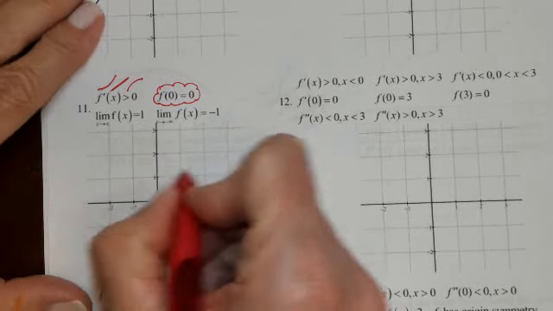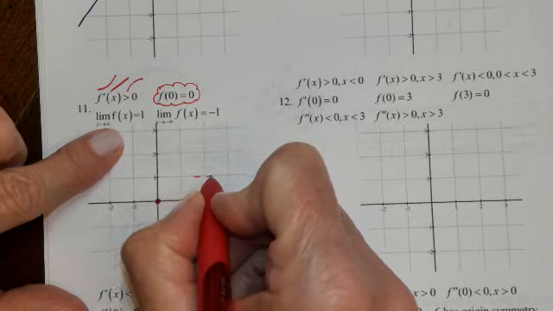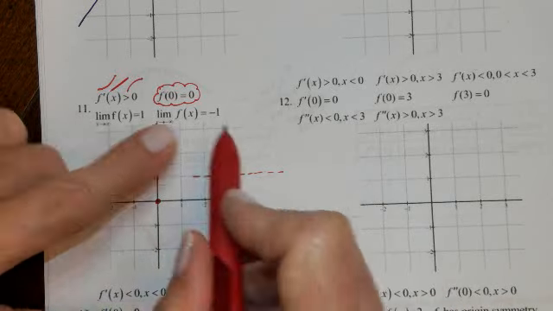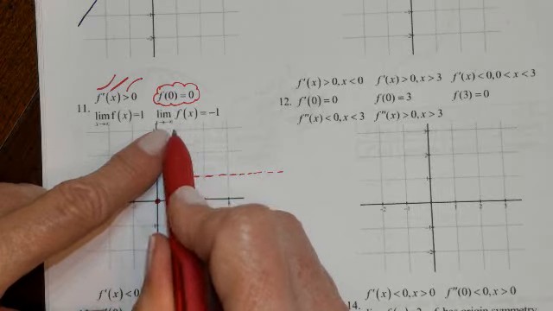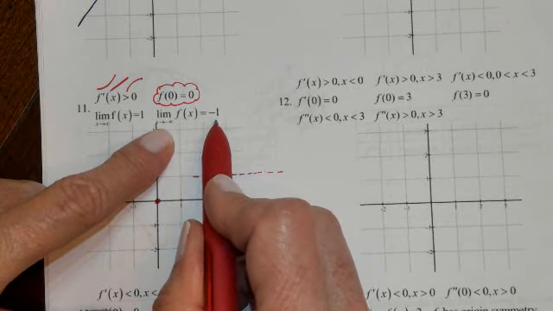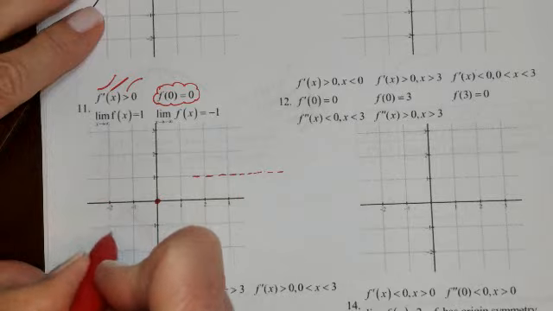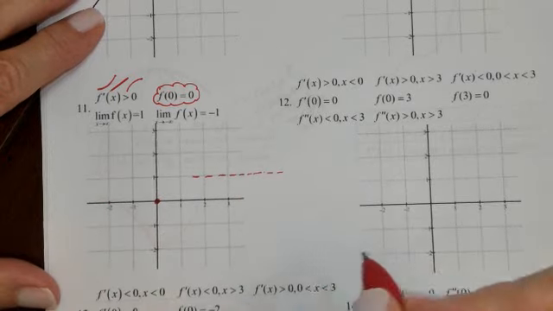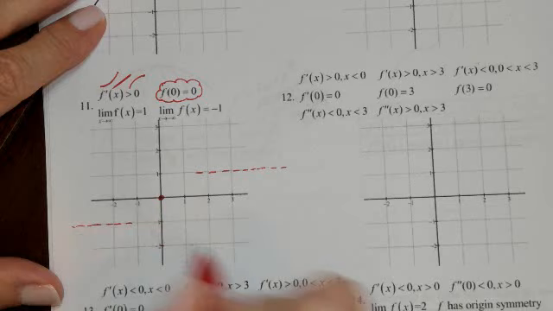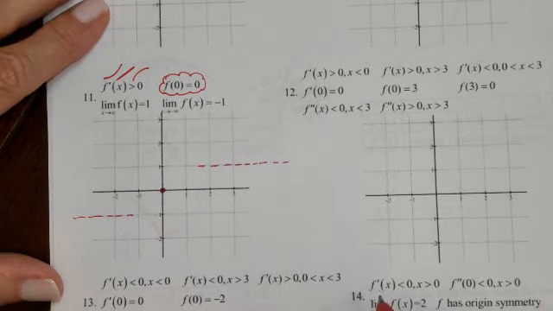So as x goes to infinity, we have a horizontal asymptote. And then they tell me that as x goes to negative infinity, we have another horizontal asymptote at x equals negative 1. I keep saying x. At y equals negative 1. Sorry. At y equals negative 1, we have another horizontal asymptote.